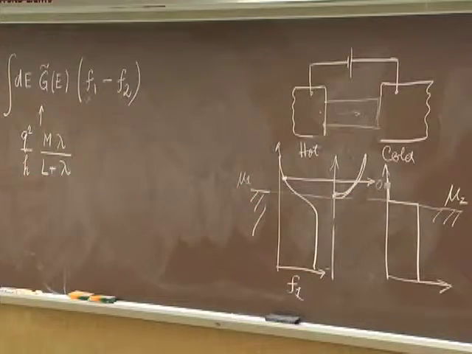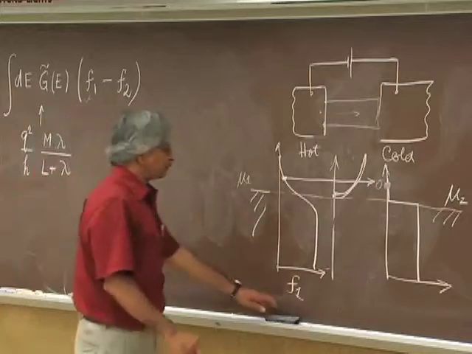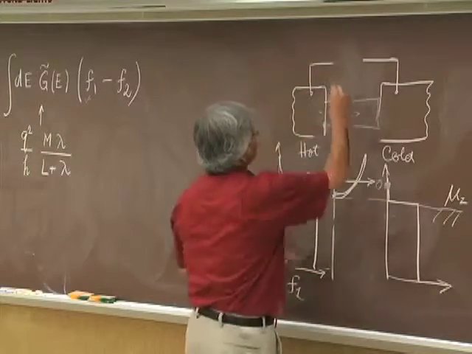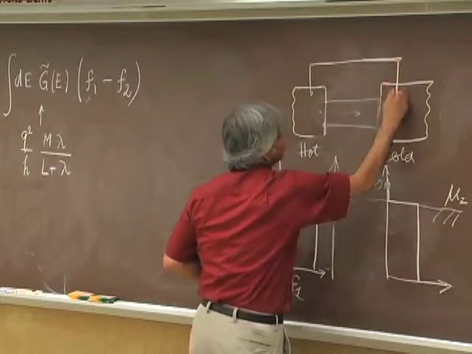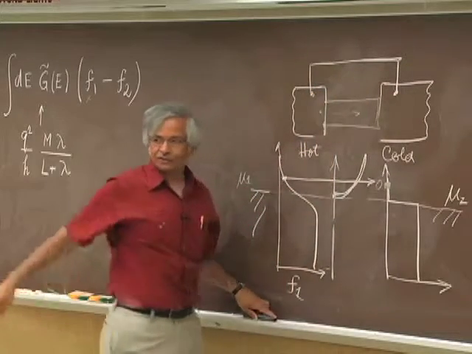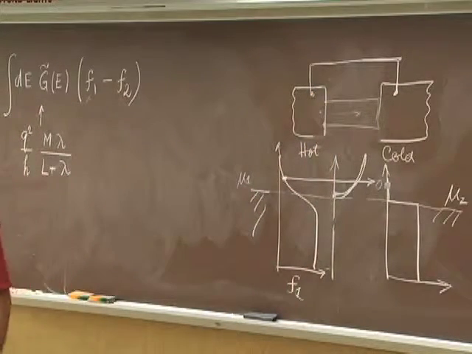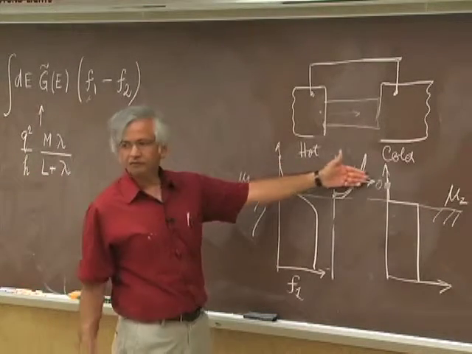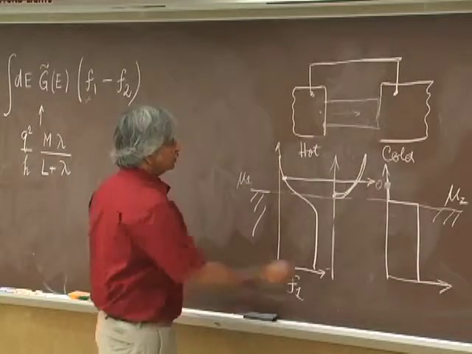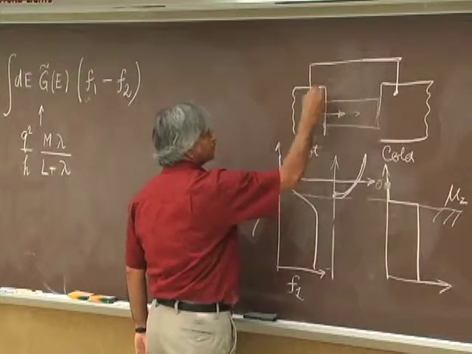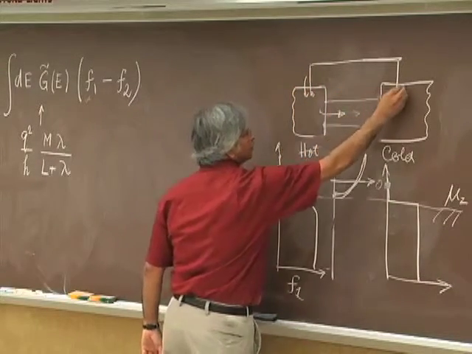So you can figure out what the direction of the current is. So remember, this one now has no voltages across it. We're just looking at the short circuit current now. No voltages, just two different temperatures. And the electron will go through this. And so electrons will go this way, which means electrons will come in here, electrons will go out this way.